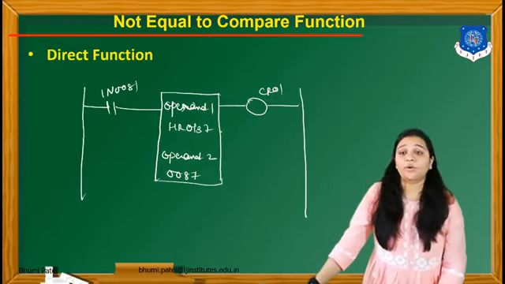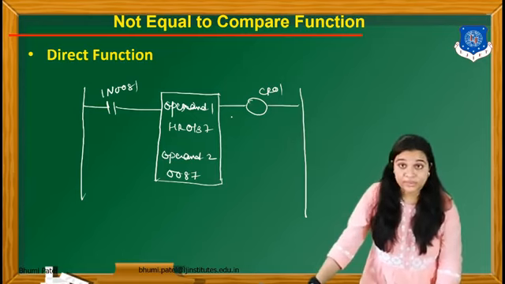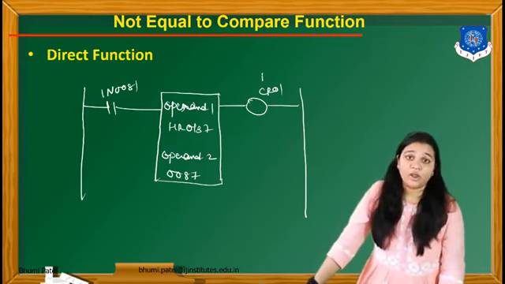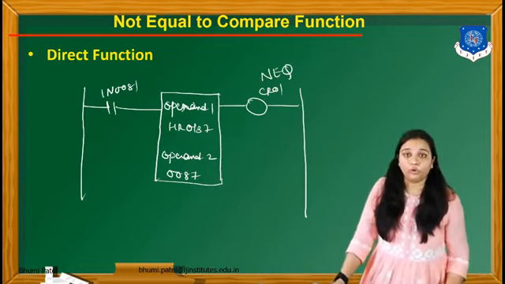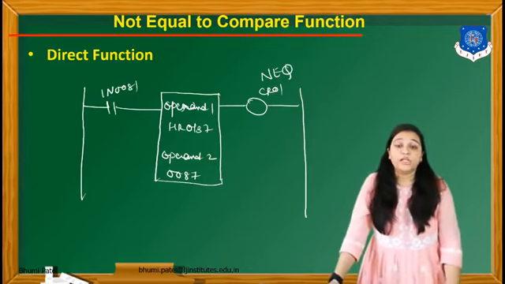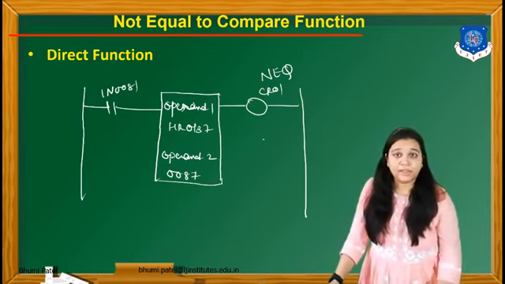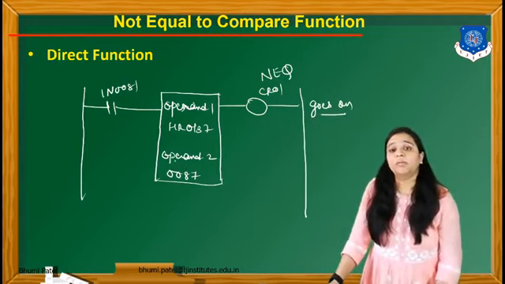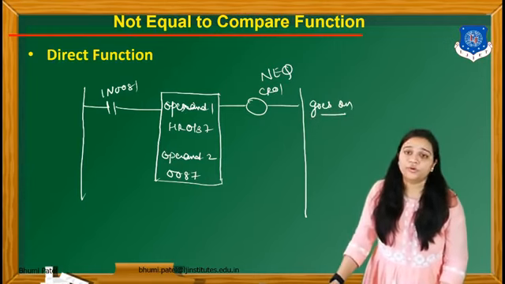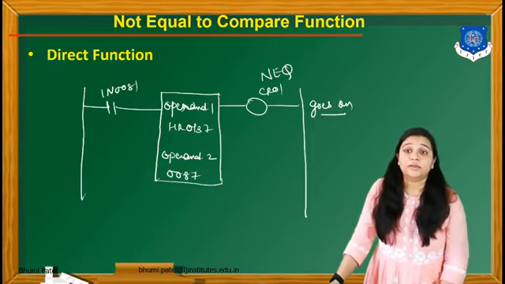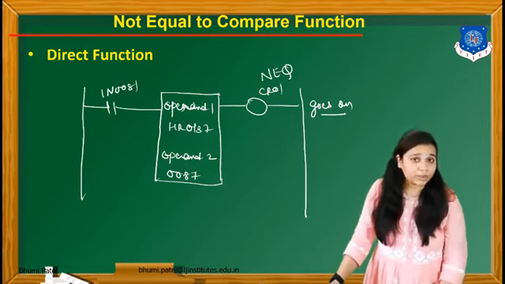As we discussed in the last session, the direct command for not equal to is NEQ. It checks the numbers in operand 1 and operand 2. If both numbers are not equal, my output goes on. If both numbers are equal, my output is in the false condition.